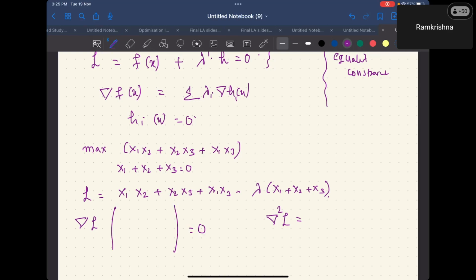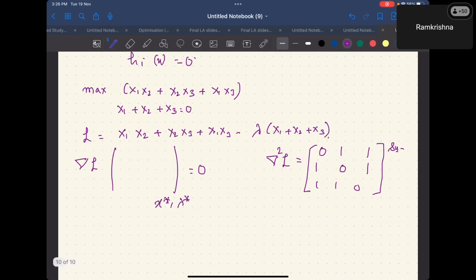We can try and find what happens when this equals 0, and this will give me some point x star and lambda star. However, what happens to the Hessian? This is 0, 1, 1; 1, 0, 1; 1, 1, 0. Okay, this is of course a symmetric matrix, and I can check.